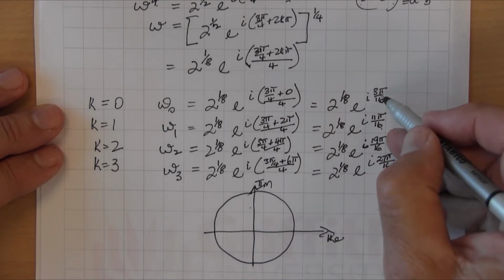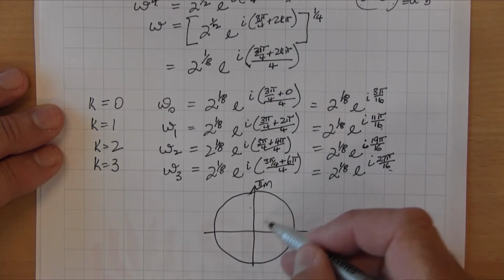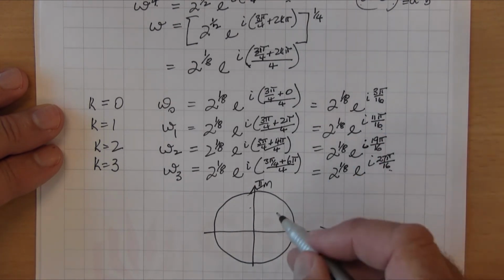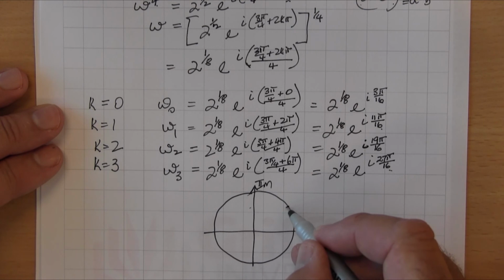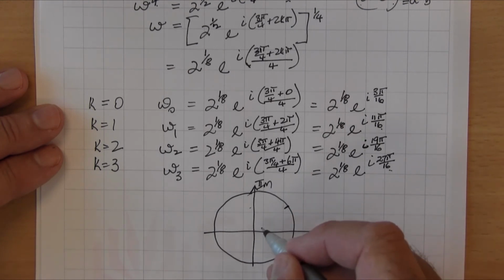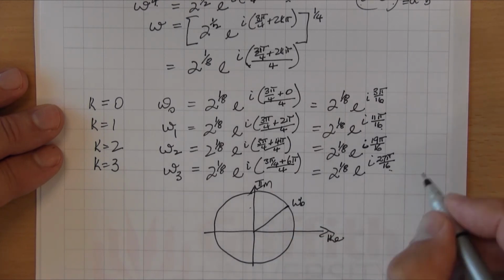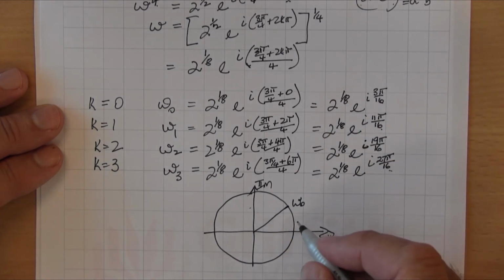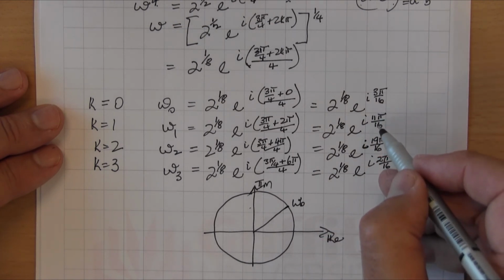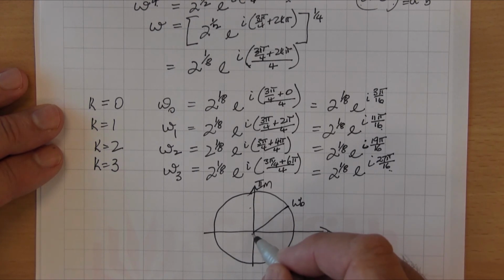So 4 pi on 16 is a quarter of pi. Pi on 4 is 45 degrees. So 3 pi on 16 is just going to be slightly less than halfway between 0 and pi on 2. So I'll draw out there and I'll put w0. Then we're going to add and we'll get 11 pi on 16.